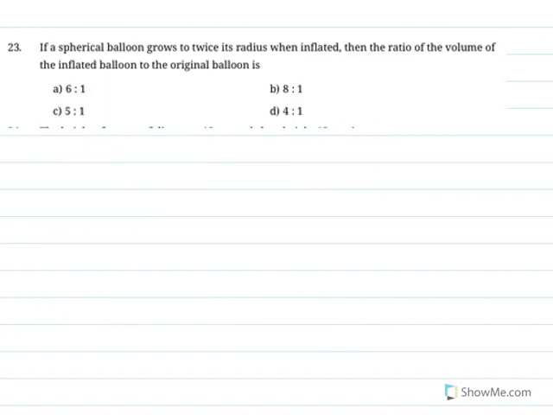If a spherical balloon grows to twice its radius when inflated, then the ratio of the volume of the inflated balloon to the original is? Here we are dealing with a sphere and its volume, and the formula for the volume of a sphere is 4/3 pi r cube.